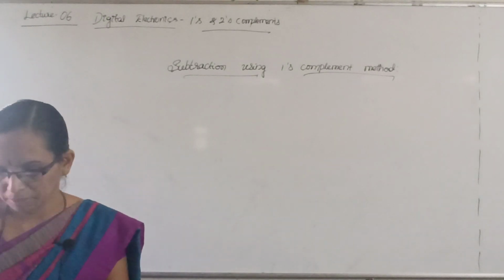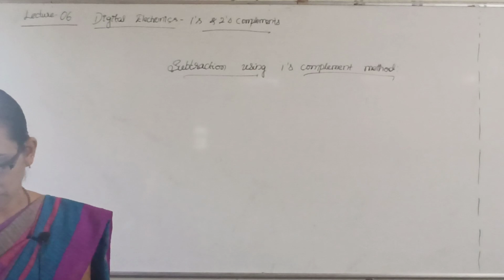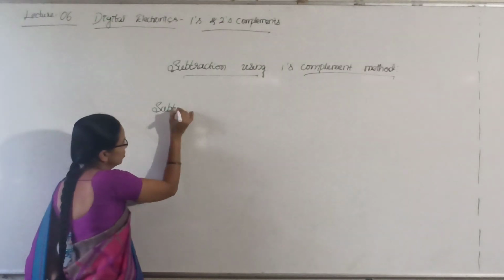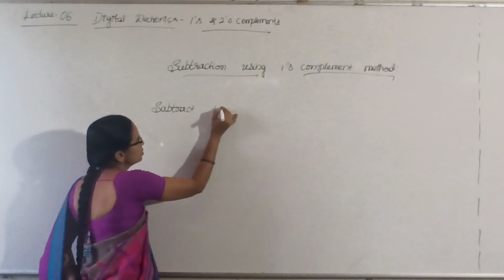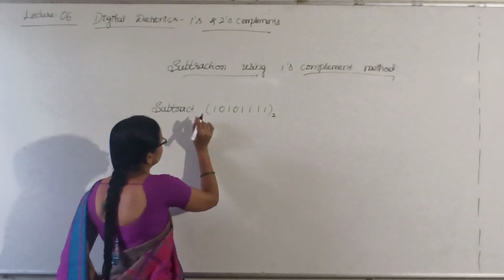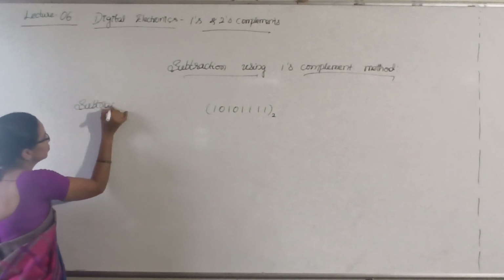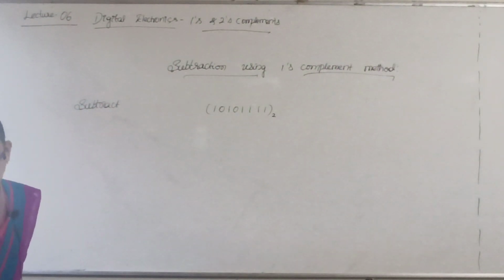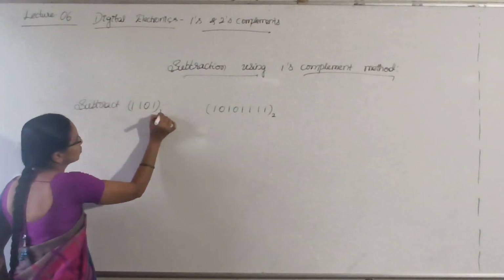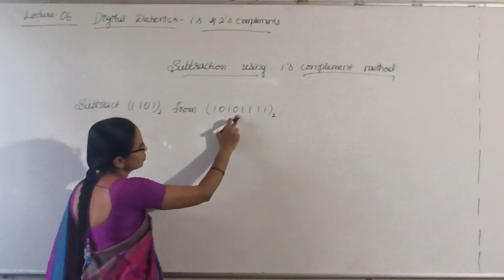We will take 10101111, subtract 1101 from it.